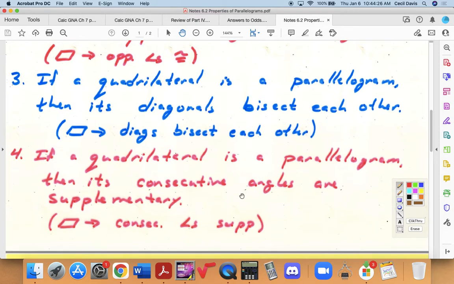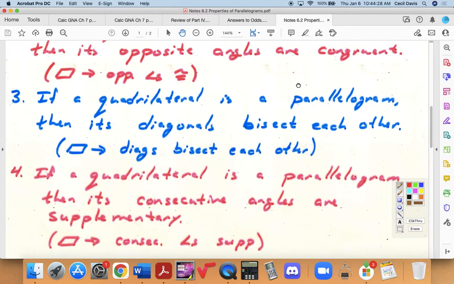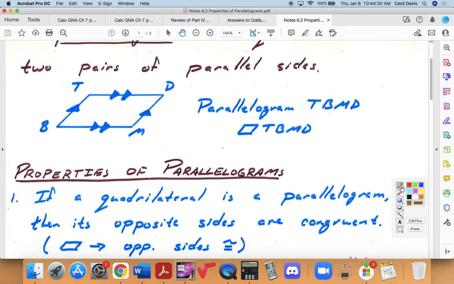The consecutive angles are supplementary. Well, this actually just comes straight from the definition. Consecutive angles, do you know what consecutive means? They're like reading one, one after another is probably the easiest way to do it. Okay?